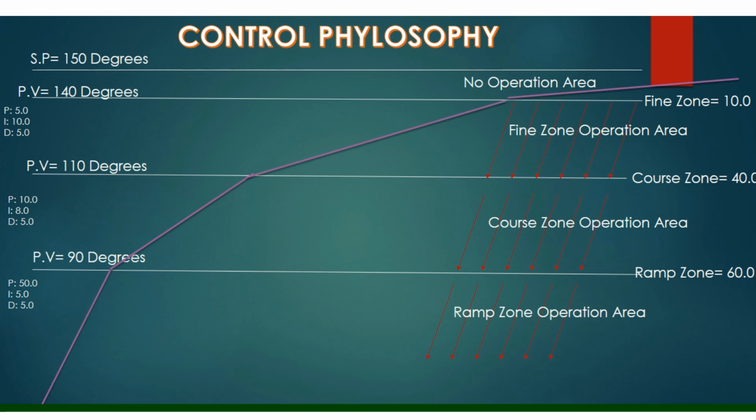That means since these values were sufficient to maintain the temperature near 150 degrees, my PID was working so precisely.